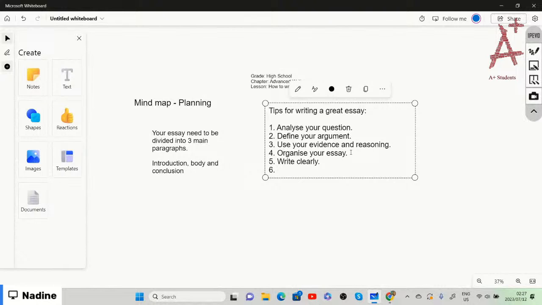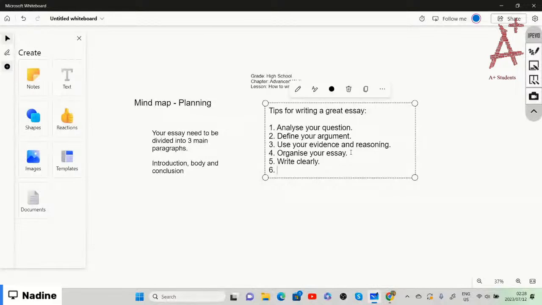Evidence is if you got your information from the internet or from a book, you need to state where you got it, either according to whoever, or this author said, or that writer said, and now you expand on what the writer has said. So that is maybe where you can give your opinion, but more than that, it is you paraphrasing what the writer or the author has said.